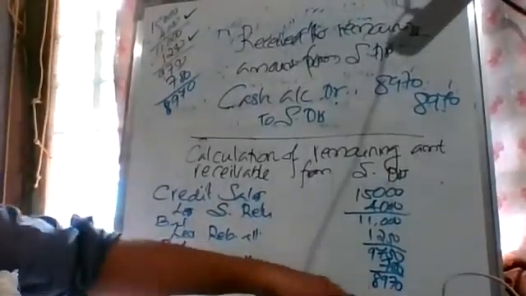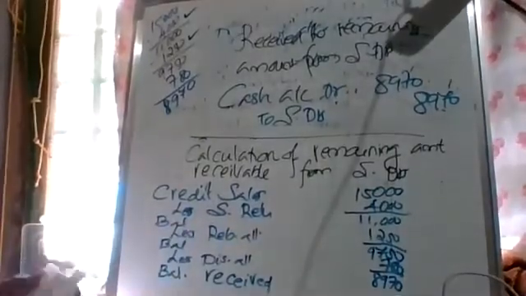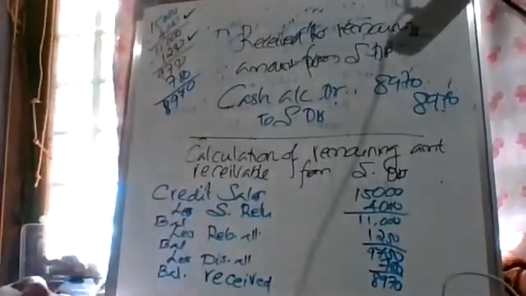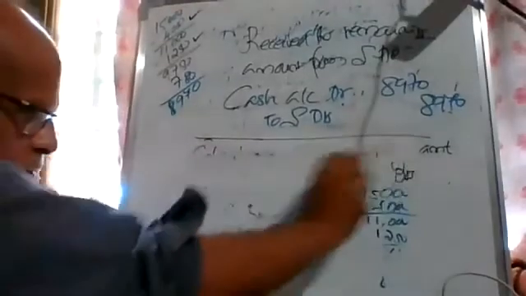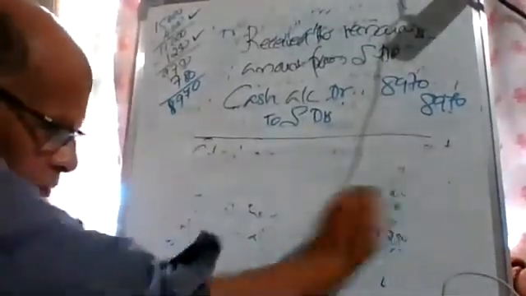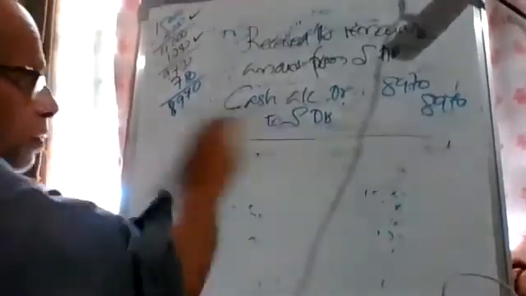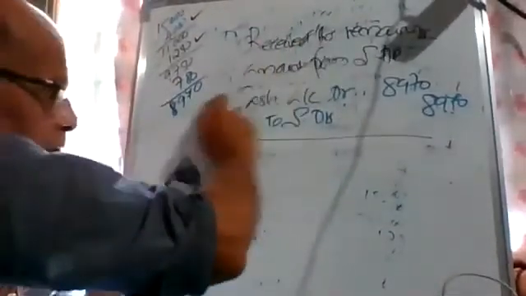Am I right? Did you complete, children? Yes, sir. Now alternatively, we can do it by using a compound journal entry.